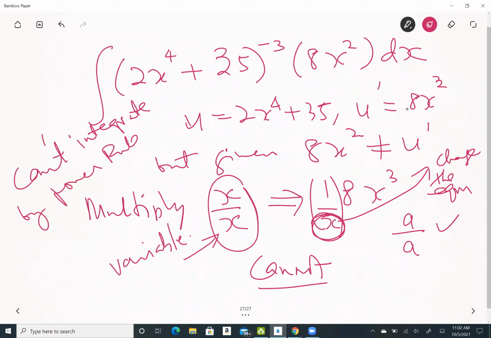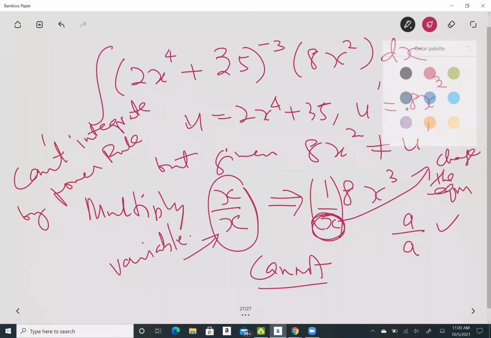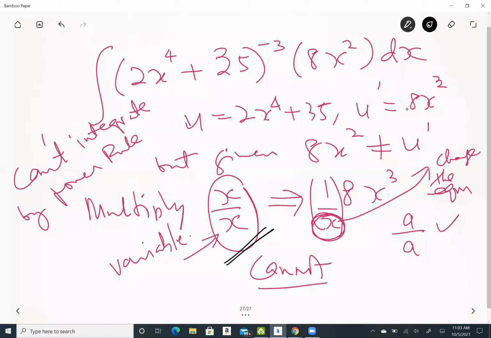There is another rule, but we don't learn that. To apply the power rule, you cannot, because you simply cannot multiply by a ratio of a variable to a variable. You cannot multiply by x over x. You can multiply only by a ratio of two constants. Is that clear? All right, good.